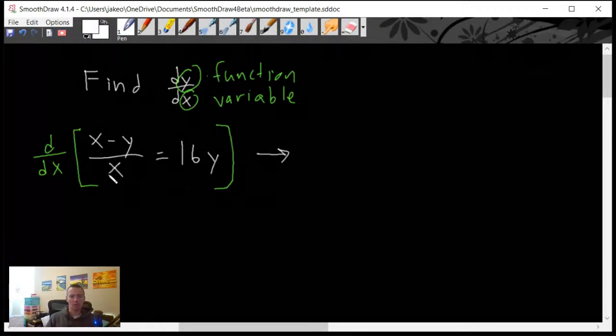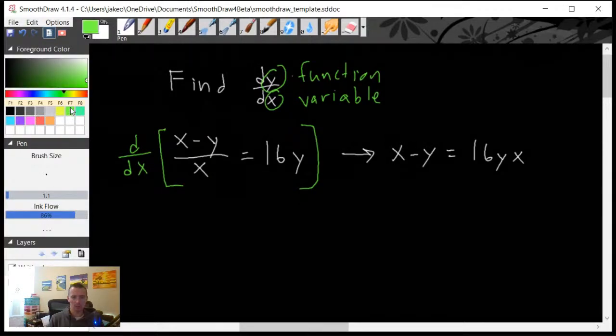And what I mean by that is, if we think about how to get rid of this fraction, because quotient rule can be kind of messy, we would basically just multiply both sides of our equation by x, and that would cancel the x down here and move it over to the right side. So we would get x minus y equals 16y times x. So I think, honestly, this is probably going to be easier to take the derivative of with respect to x. So that's what I'm going to do in this case.